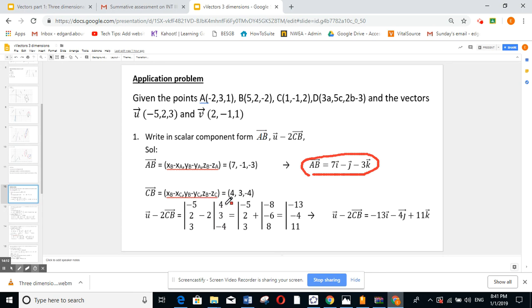We multiply by minus 2, and instead you put the plus. You're going to get minus 8, minus 6, and 8. If you add minus 5 to minus 8, it's minus 13, you add x to x, y to y, z to z, you're going to get minus 13, minus 4, and 11. In scalar components, you're going to get minus 13i minus 4j plus 11k.